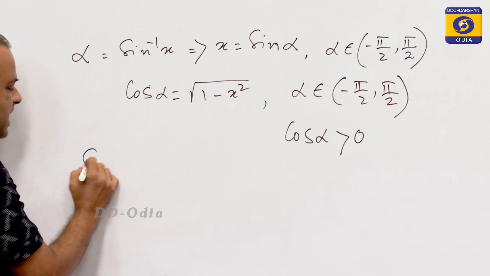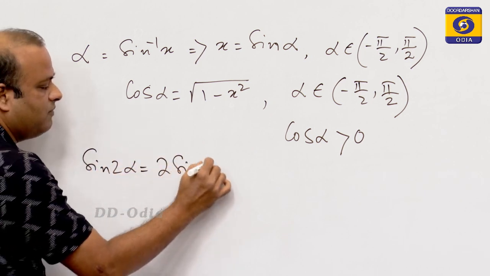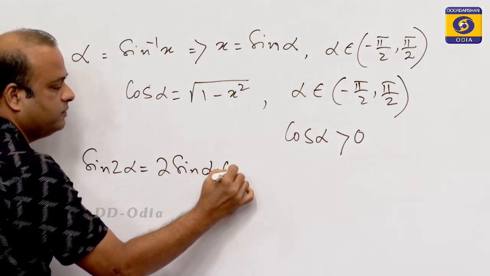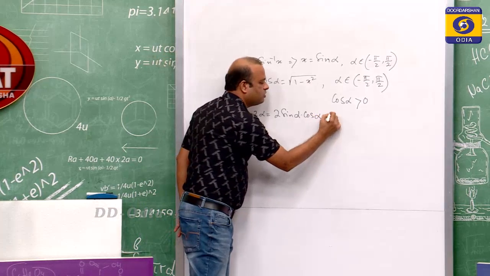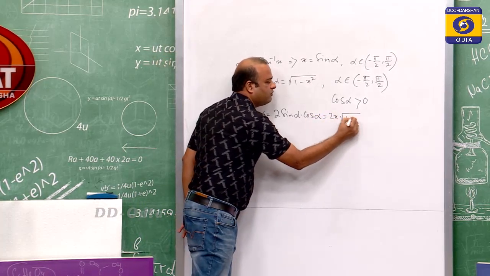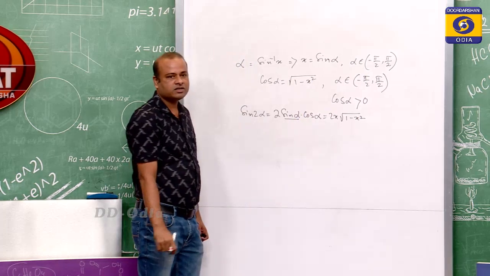So, take sin 2 alpha. Sin 2 alpha is 2 sin alpha into cos alpha, which is equal to 2x into root over of 1 minus x square, because sin alpha is x, cos alpha is root over of 1 minus x square.